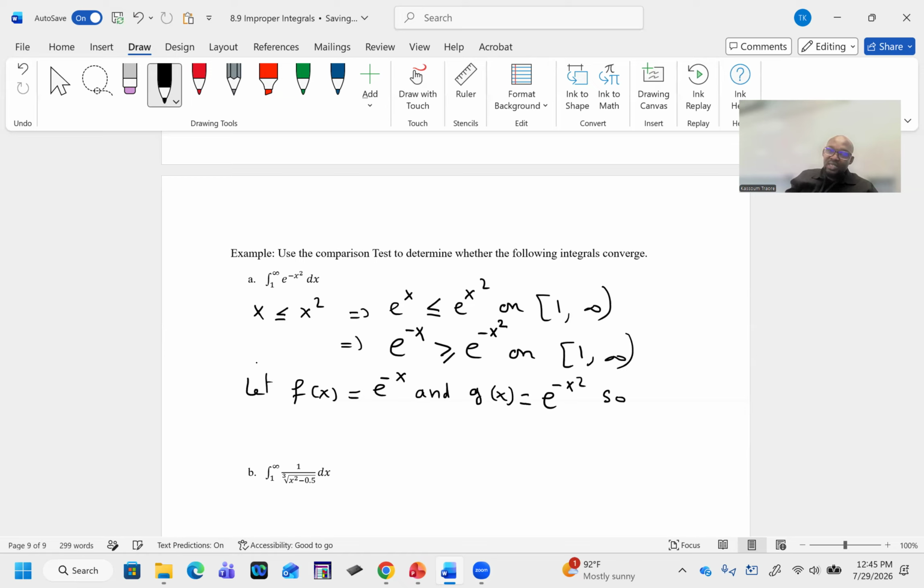So we can see f of x is greater than or equal to g of x. And of course, we know they are both positive, right? Which is also greater than or equal to 0.